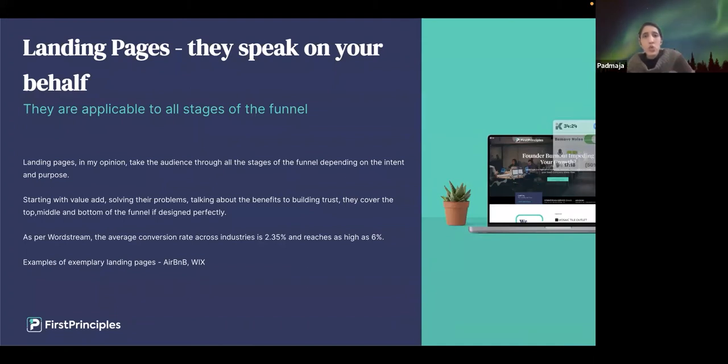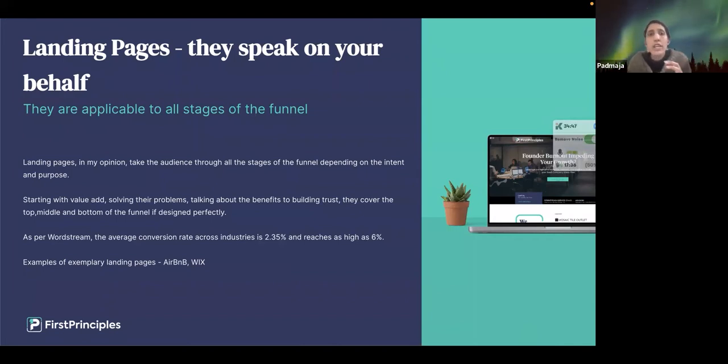They give you what they do, and what benefit they have, and they build the trust, and they make you sign up. So one landing page for everything. I'm not saying all landing pages should be like Airbnb or Wix, but if you see them, you feel yourself going through the funnel in the same landing page.